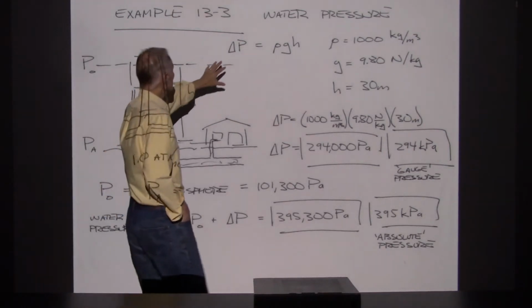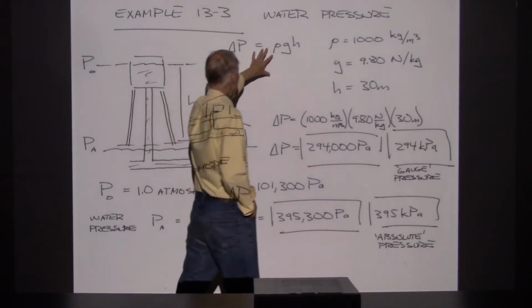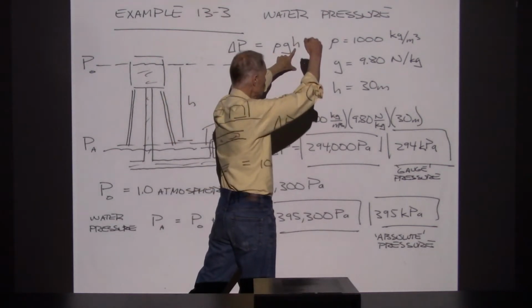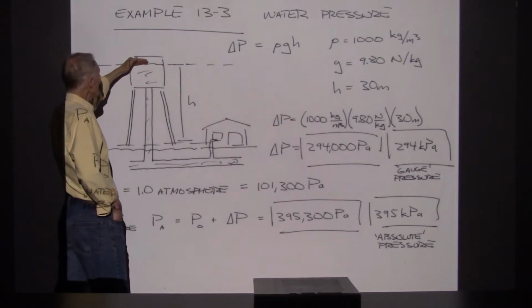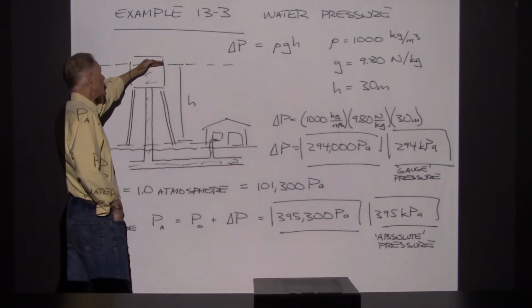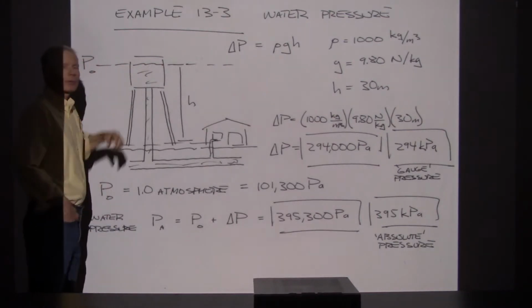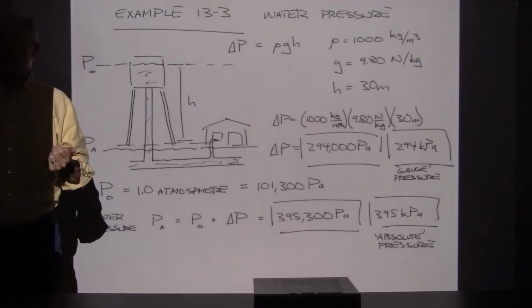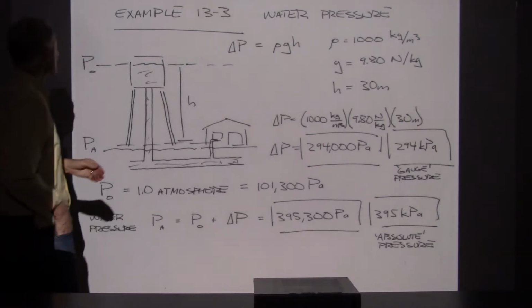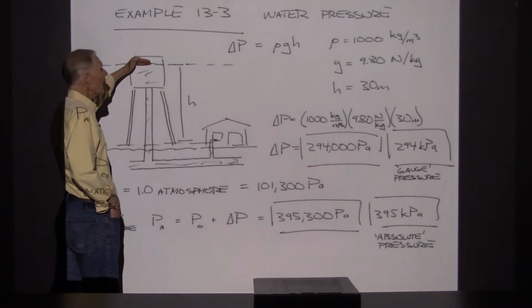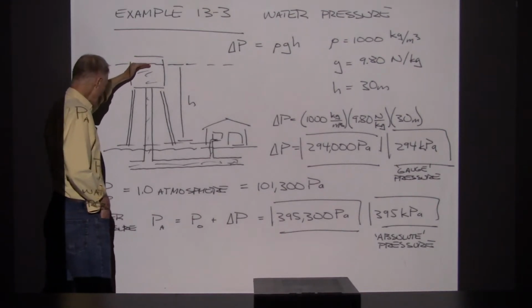The pressure of the water is going to depend on how much we drop below the surface. At the top of the water inside the water tank, that's atmospheric pressure. It is open to the atmosphere, and so there's already a pressure of 1 atmosphere at that location.